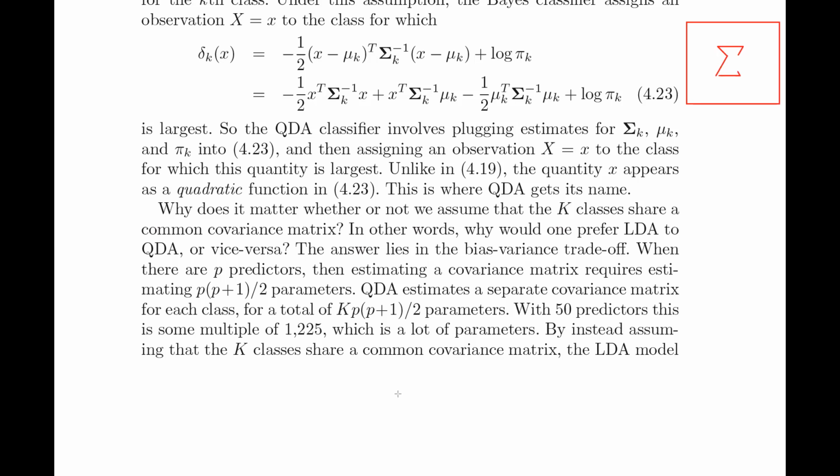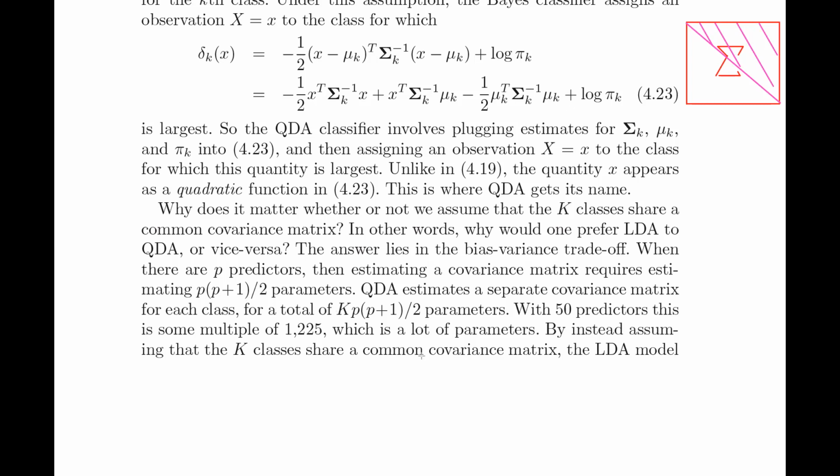It's symmetric, so all you need to know is the diagonal values and the values above; the lower triangle will have the same values, symmetric about this diagonal. And how many of them are there? There are p times p plus 1 divided by 2.